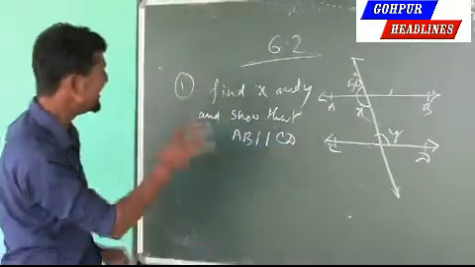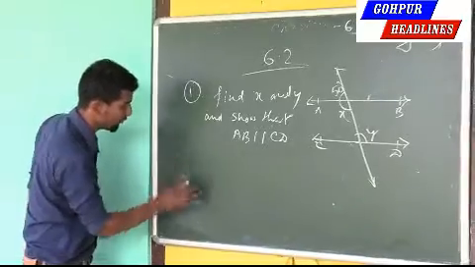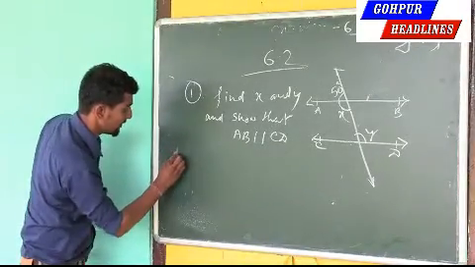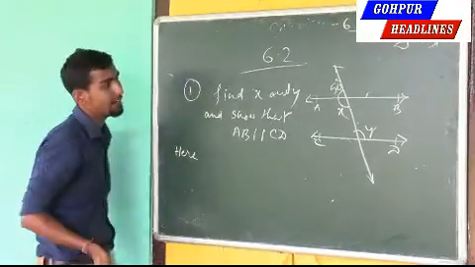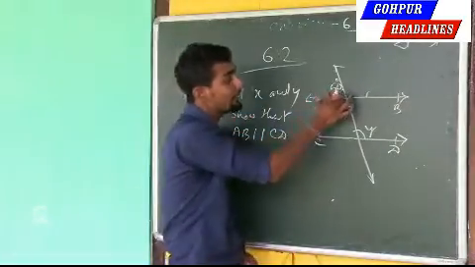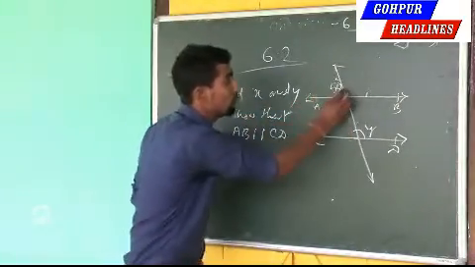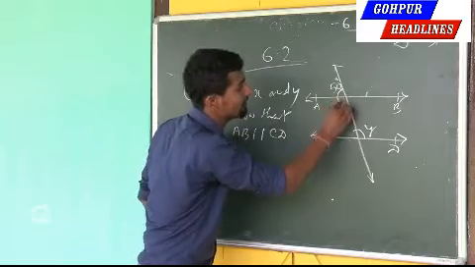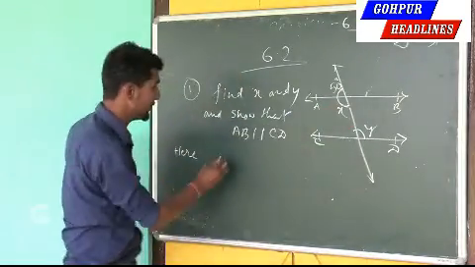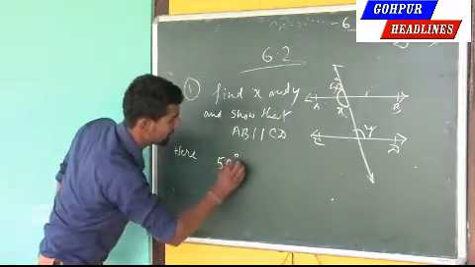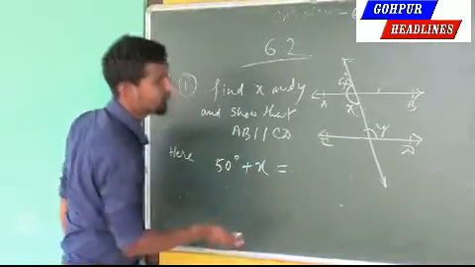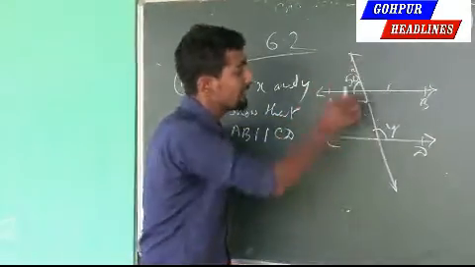So in this question, here we are now solving it. Here I write 50 plus x. When we add these two angles, we get 50 degrees plus x, and this is a straight line.